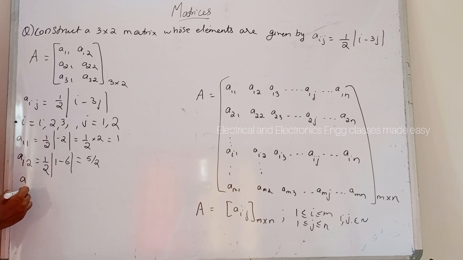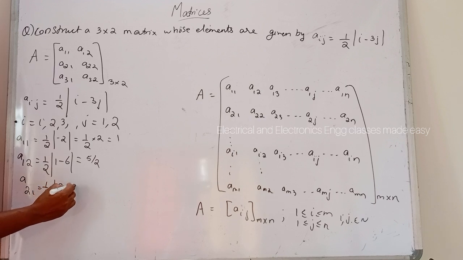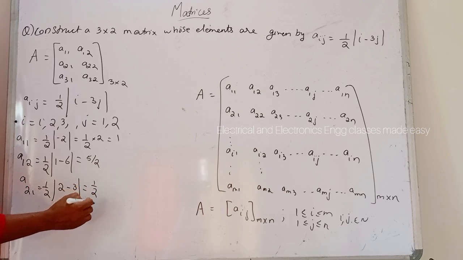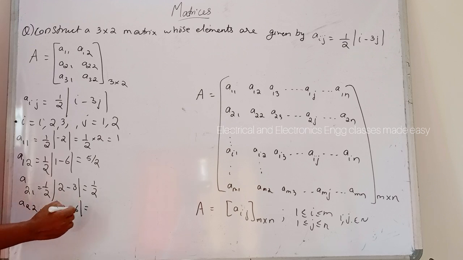Then A21 we have to find: 1 by 2 into i minus 3j means 2 minus 3, that is minus 1, so that is 1 by 2. Then A22 is 1 by 2 into 2 minus 6, that is minus 4, that is 4 by 2, that is 2.